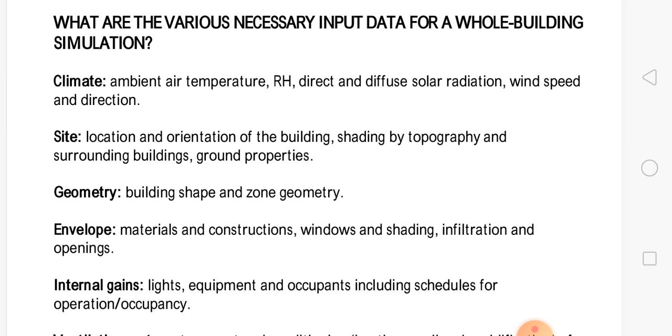What are the various necessary input data for a whole building simulation? We need a specific set of input data for a whole building simulation. If we want to set up an automation system, management system and whole building simulation, we need some data, which is called local data in terms of climate, site, location and orientation of the building.